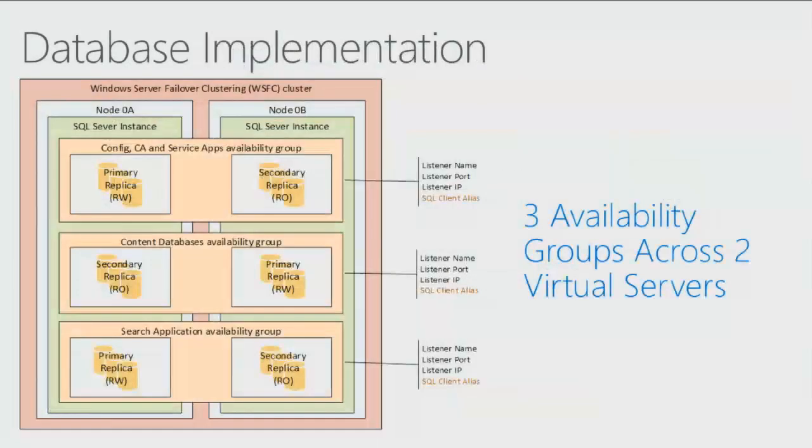And this slide just gives you a little more detail of how we set up the availability groups on the servers and how the failovers would work. Yeah, so you can see here, like Michael talked about earlier, we made the conscious decision to do everything virtual. So even our SQL servers are virtual.